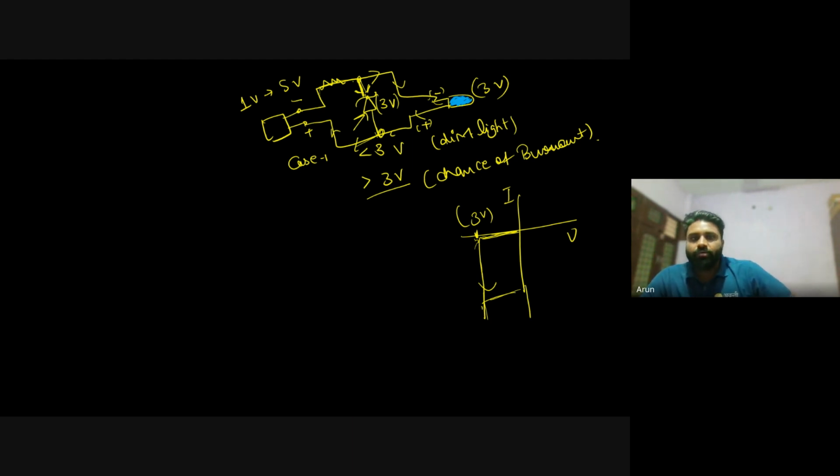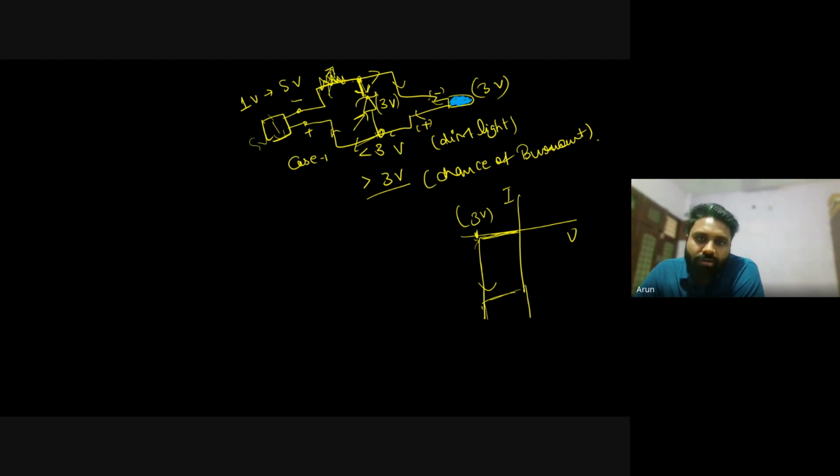Now you can ask: if the applied voltage is 5 volt, how can these be connected in parallel? The voltage should be the same, because the load resistance that we have provided will also have a drop of voltage.